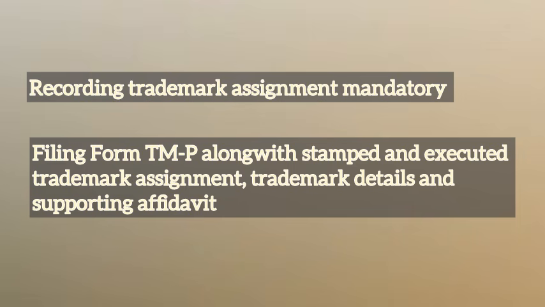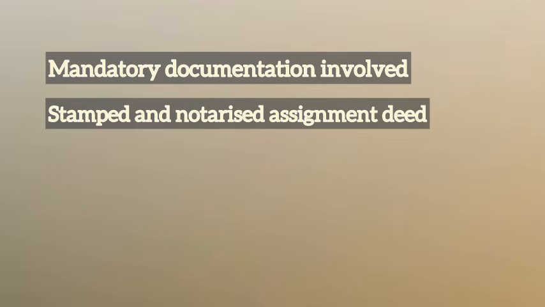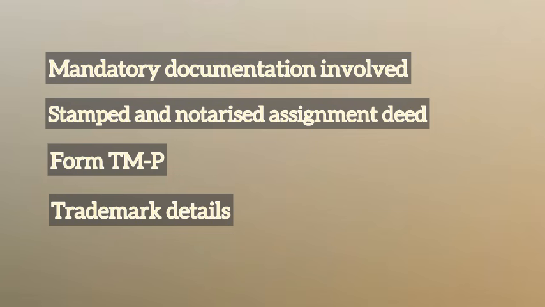The process requires legal proof of transfer, potential advertisement, and registrar approval to officially register the assignee as the new proprietor. The mandatory documentation involves a duly stamped and notarized assignment deed, Form TM-P, application for change of proprietor, trademark certificate, identity proof, as well as power of attorney if using an agent.